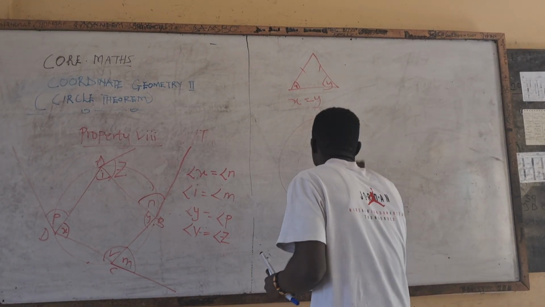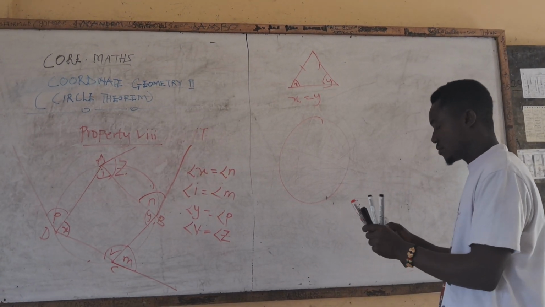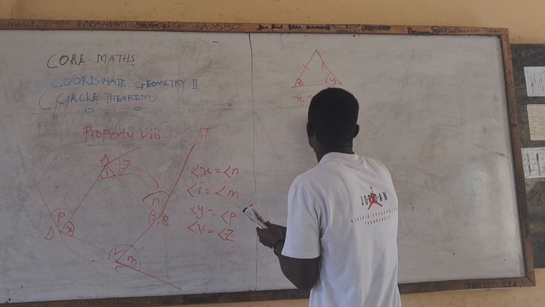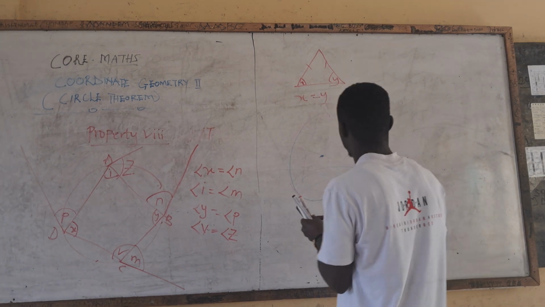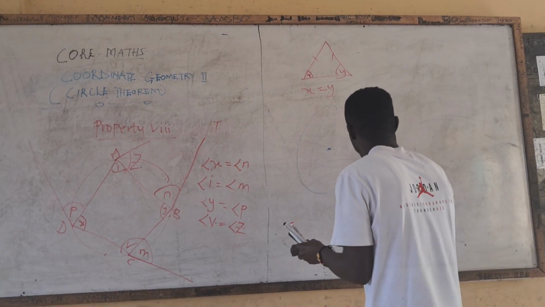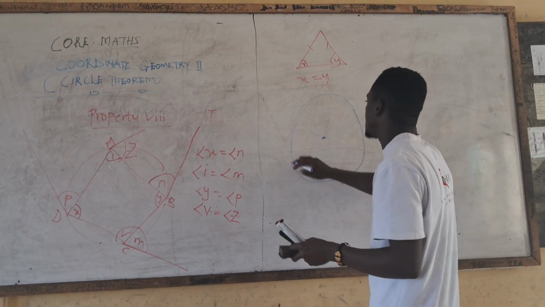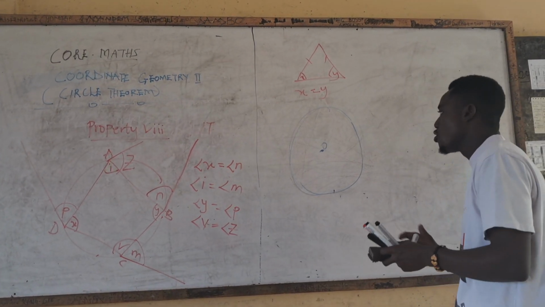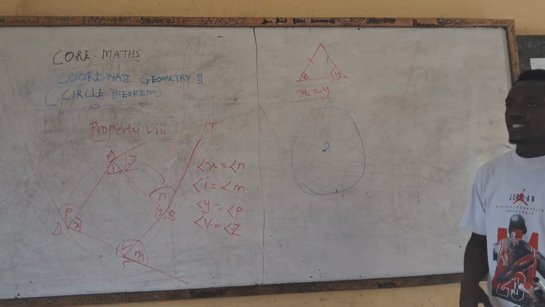Now, what this property is saying is that when you have a circle and there's a center, a circle with a center, let's say O. And as you know, from the center to any part of the circle is what?